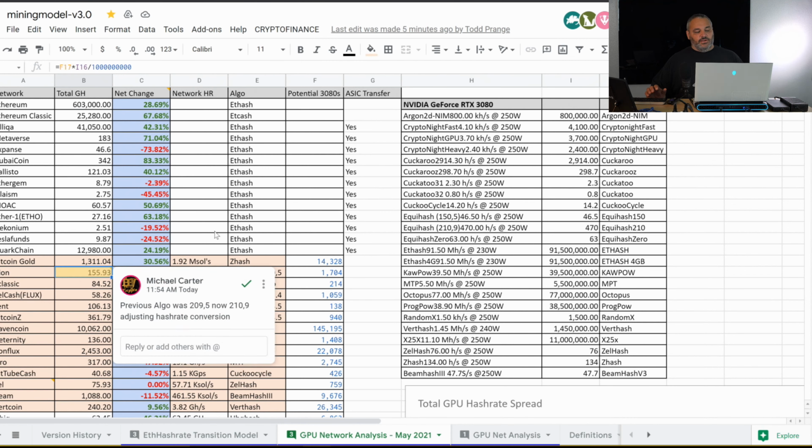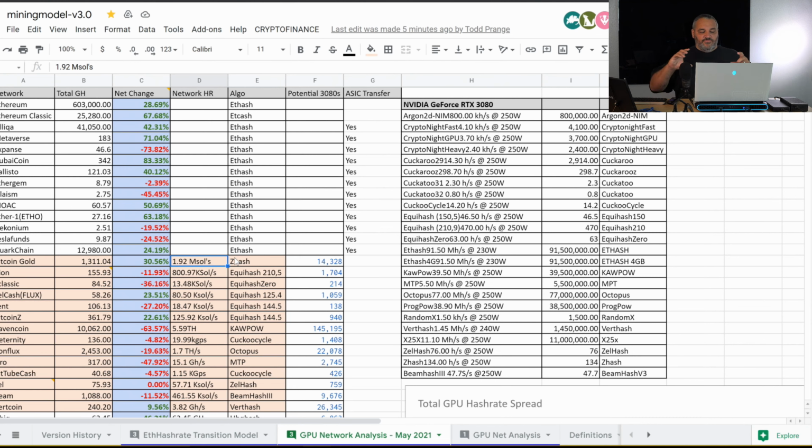Then what I've done here is I've taken a network total hash rate. All these network hash rates are updated with the current network hash rates as of today, and I've taken an aggregate of that. I've done the algebra against this table for an RTX 3080. I've taken a 3080 and its conversion, using Souls in Bitcoin Gold as an example: what's its conversion if that hash power was deployed onto Ethereum?